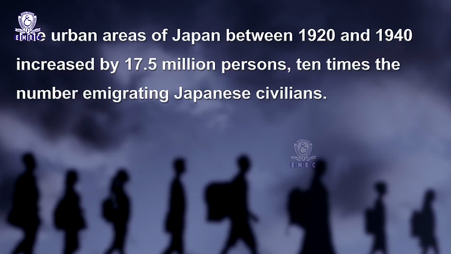For all the migration, principally to Eastern Africa and Southeast Asia, the effects on the population of the country of origin have been negligible. For example, the urban areas of Japan between 1920 and 1940 increased by 17.5 million persons, 10 times the number of emigrating Japanese civilians.